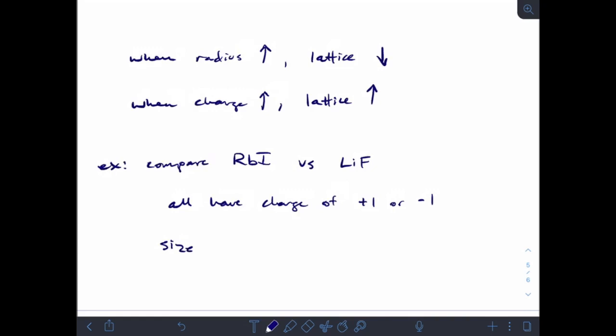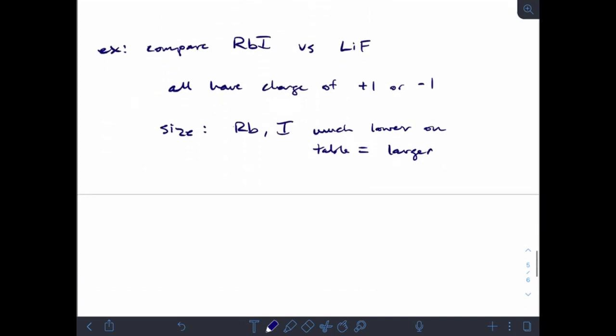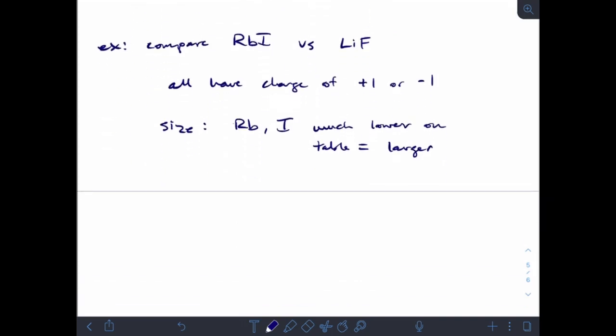Rubidium and iodine are much lower on the table, which means that they are larger ions. So as size goes up, lattice goes down. Rubidium iodide will have a lower lattice energy.